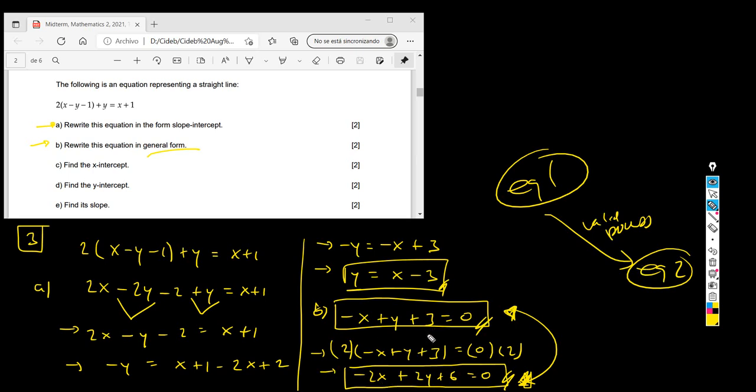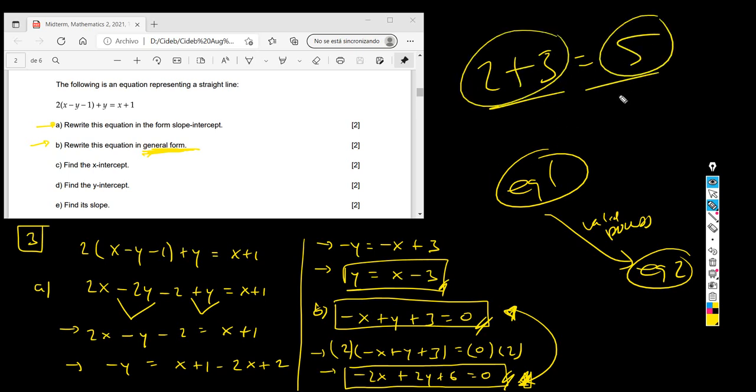So you can have many possibilities for this answer, for the general form. They look different, but they are the same. They only look different. Just as this is an example that I tell you very often: this looks different than this, but it's the same number.